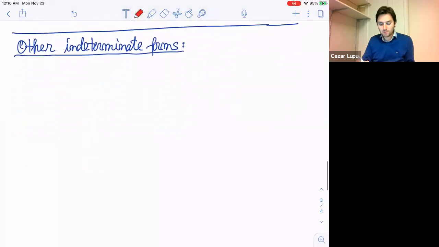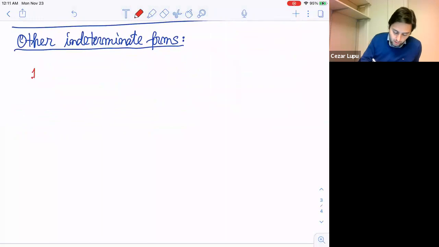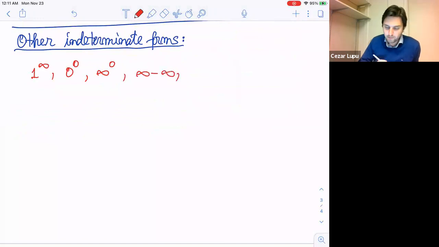So other indeterminate forms are the following. We just mentioned them. There are 1 to infinity, 0 to 0, infinity to the power 0, infinity minus infinity, infinity times 0, right?